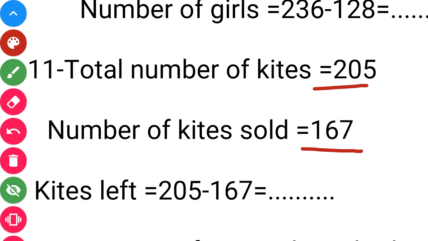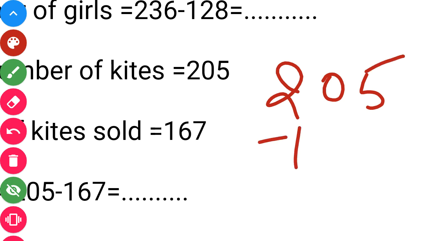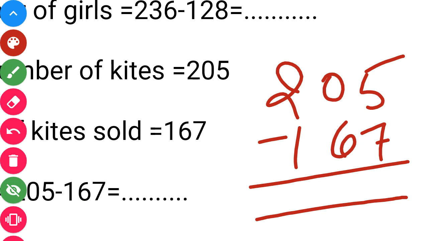Let us do 205 minus 167. Count after 7 to get 5.